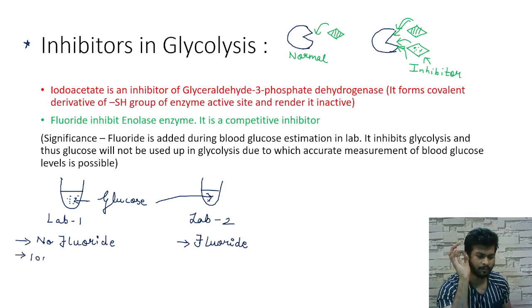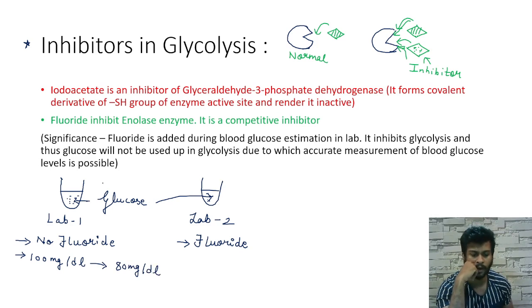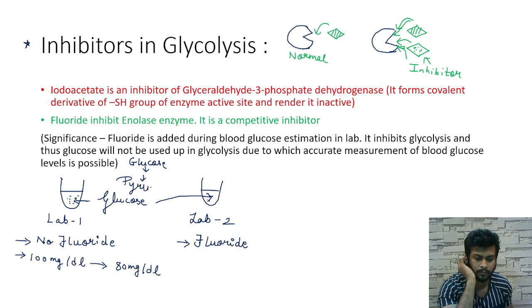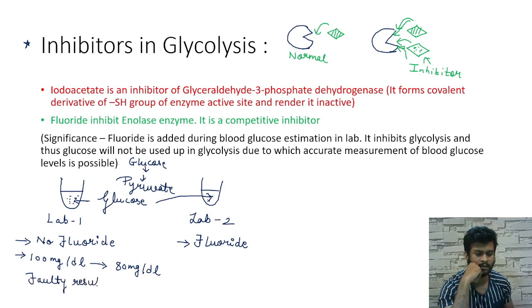If the blood glucose level in the patient is initially 100 mg per deciliter, after some time it will reduce, suppose to 80 mg per deciliter. Why? Because this glucose will enter glycolysis, and in glycolysis there is breakdown of glucose into pyruvate. So ultimately the level of 100 mg per deciliter will reduce to 80 mg per deciliter and it will give a faulty result.